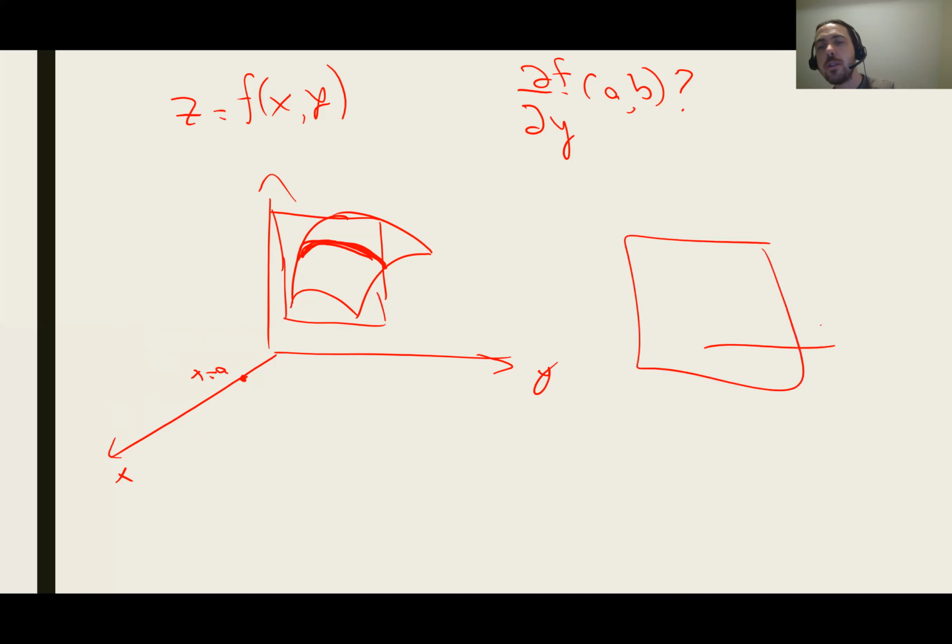That function of a single variable just has one input y and one output z, because we've isolated out and said x is equal to a. Within that, we've got an ordinary single variable graph of a function, and we're just calculating an ordinary derivative this way. So that's another way to think about it: it's just kind of the slope if we just use a particular direction for the function.